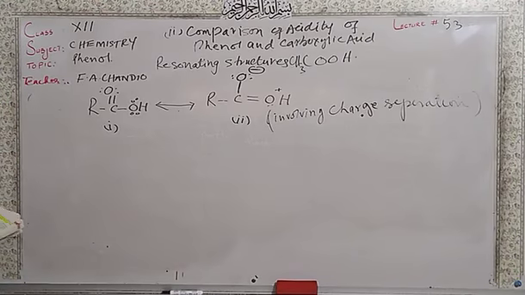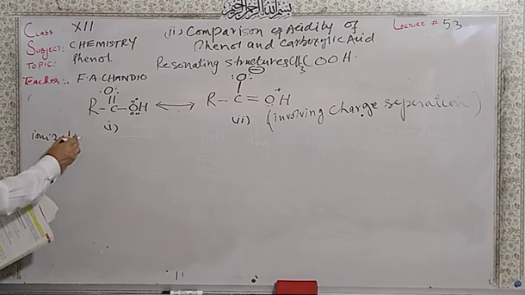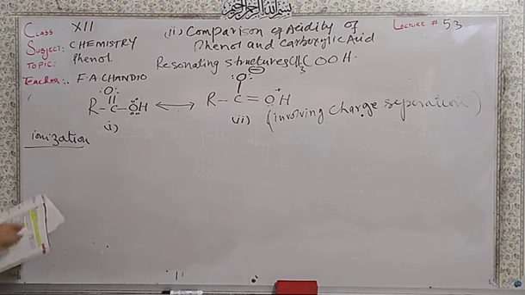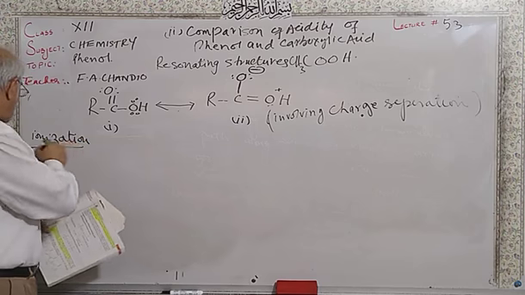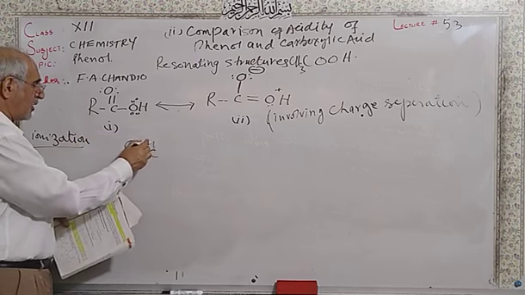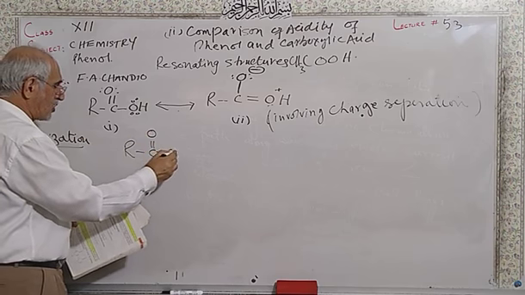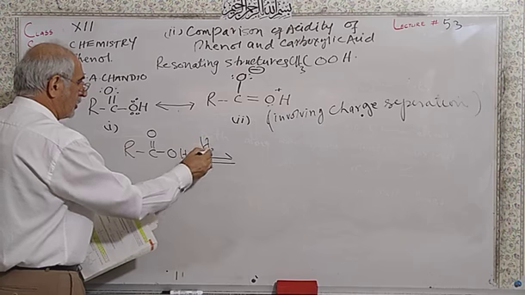So there are two structures here. Now we know that carboxylic acid is a weak acid, so a little of the carboxylic acid is going to be ionized. So I put the ionization of the carboxylic acid in water.